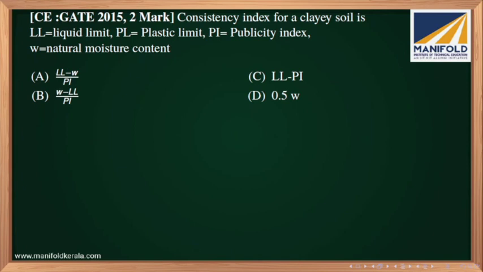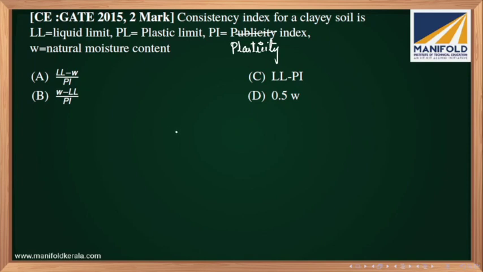Now, the consistency index for a clay soil. LL is the liquid limit, PL is the plastic limit, PI is the plasticity index, and w is the natural water content. What is the consistency index?